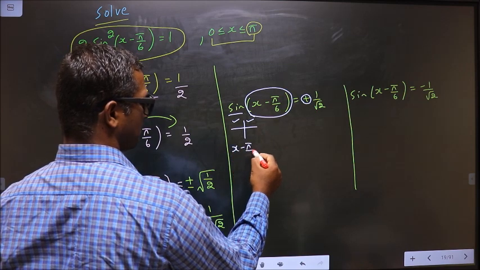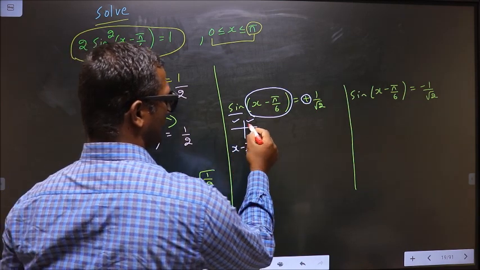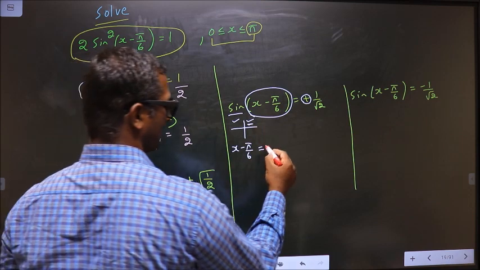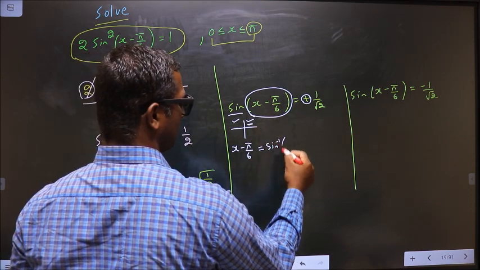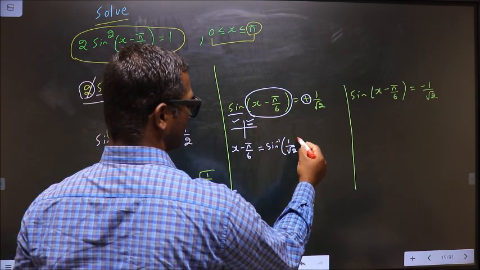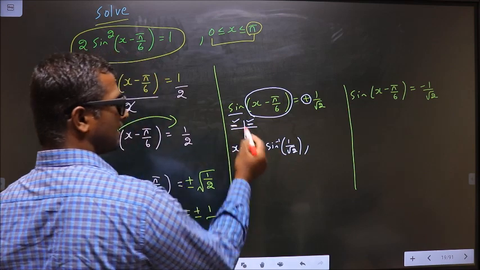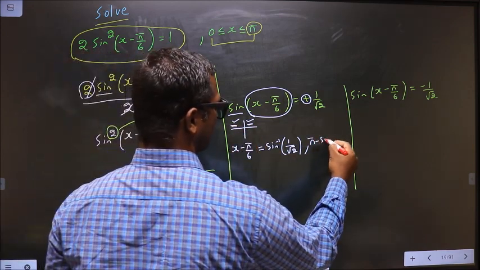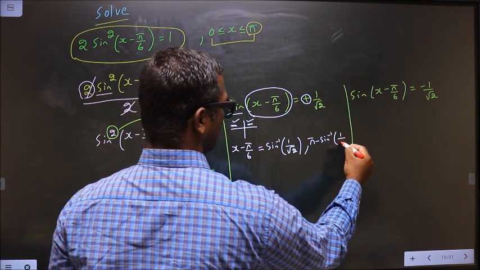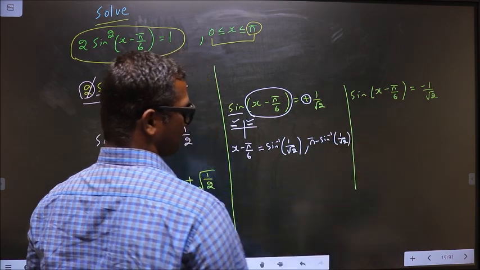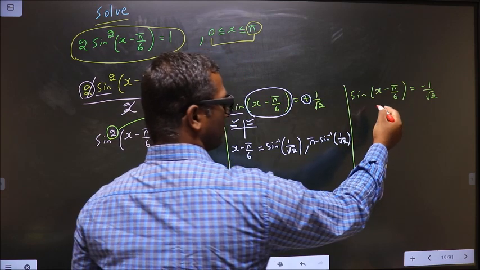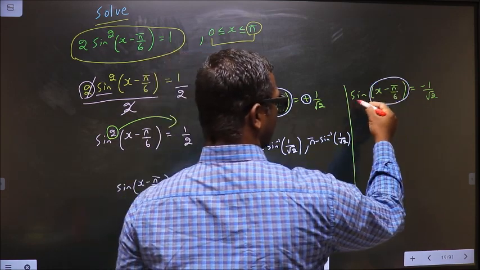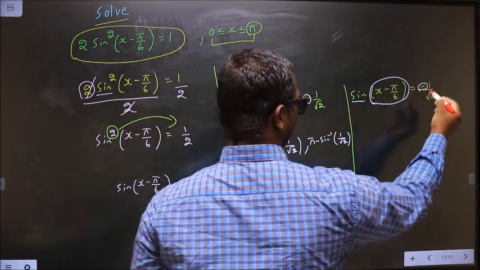So x − π/6 equals, to get an angle in the first, we directly do sin⁻¹(1/√2). To get an angle in the second, we should do π − sin⁻¹(1/√2).